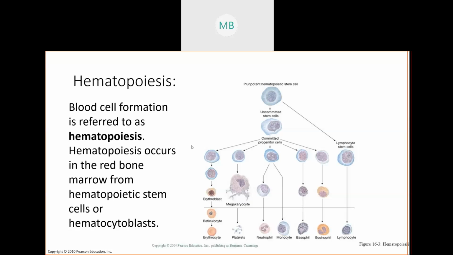Some of them, when your body needs it and your kidneys have said, we created more erythropoietin, will go from hemocytoblast, going through their cycle, to inevitably become your erythrocyte, which is your red blood cell. Others, based upon infections and health and whatnot, may become other types of white blood cells to help with your immune system. And then others may go the route of becoming a megakaryocyte and then forming blood platelets.